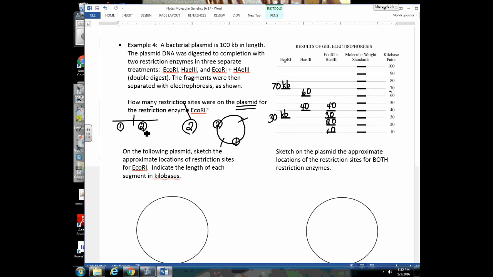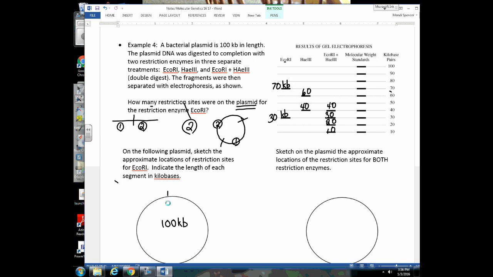So let's go down here, and it says on the following plasmids, sketch the approximate locations of restriction sites for ECO R1. Indicate the length of each segment in kilobases. Again, hit pause if you want and try to answer the question and see if it matches what I'm going to get here. First, we should probably note that this plasmid is 100 kilobase pairs long.